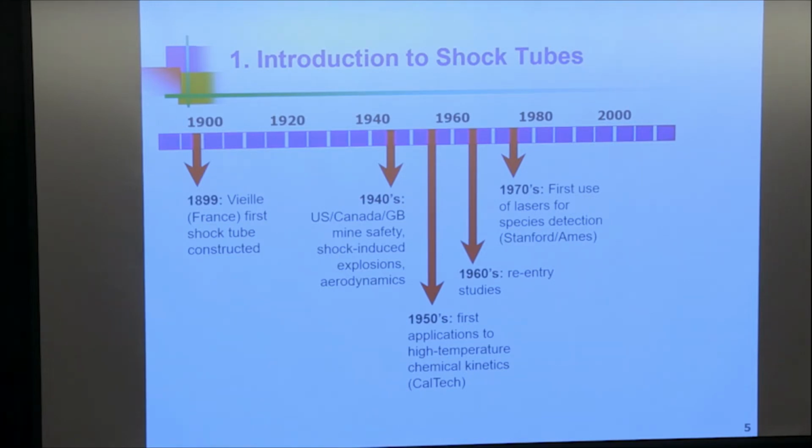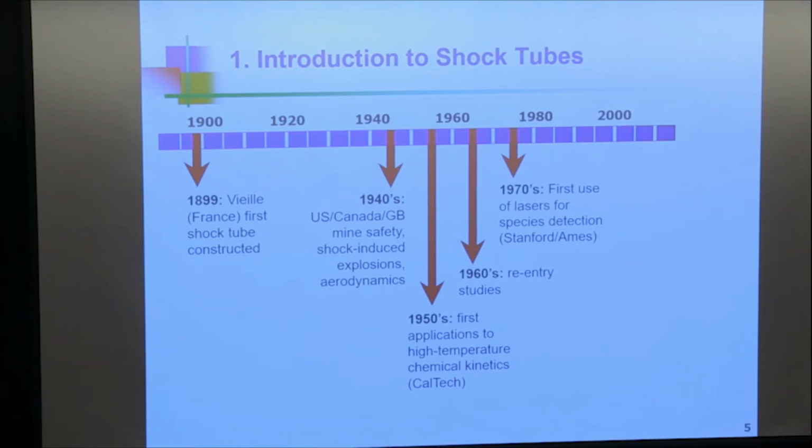There was a big wave of interest along about the time of the Second World War to look at phenomena that produce shock waves. To my knowledge, the first use of a shock tube to study chemistry occurred, I think, at Caltech, but some people say it was somewhere else.